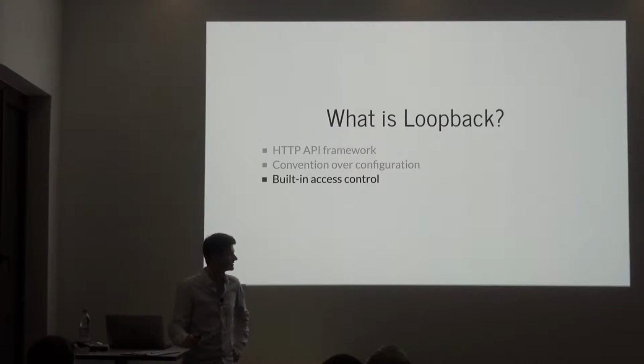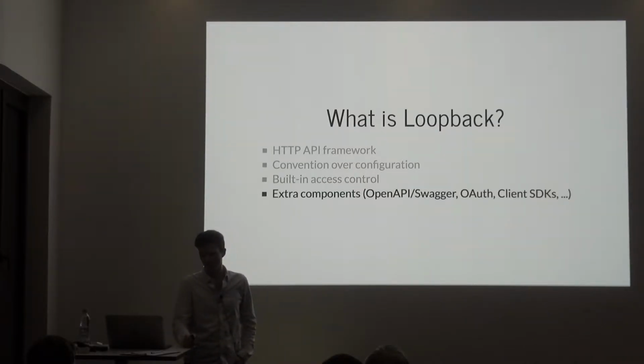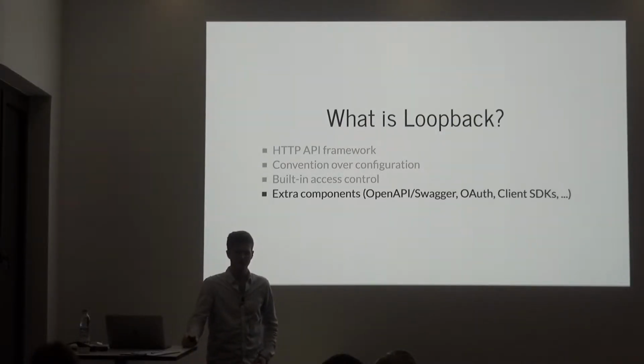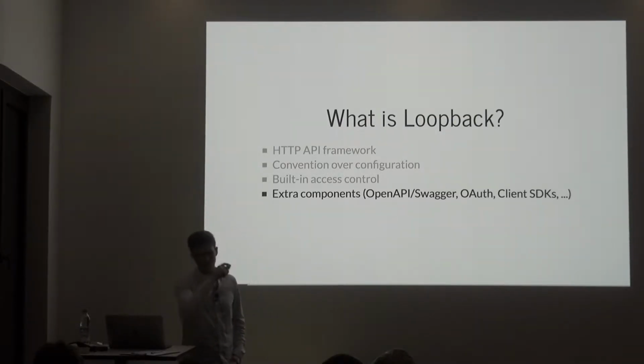It also has a nice feature: access control is built in. Also user authentication, all provided out of the box. And there are a lot of extra components that you can add to your core installation, like Open API Swagger documentation and OAuth. You have a lot of client SDKs that you can use to add your clients to the server.